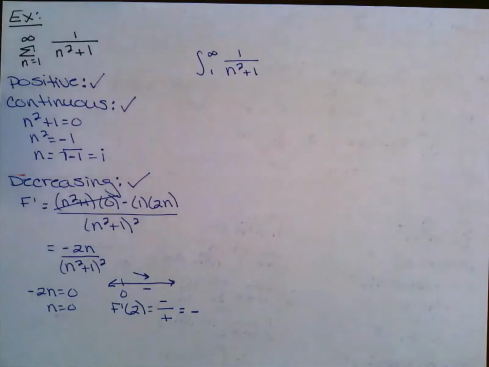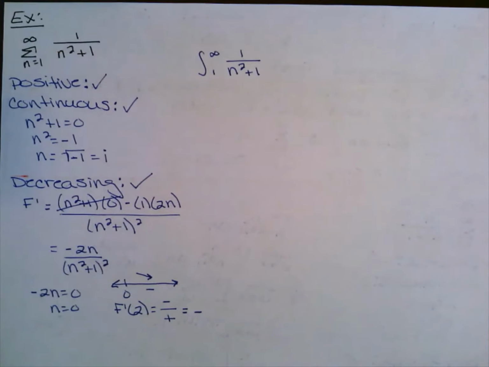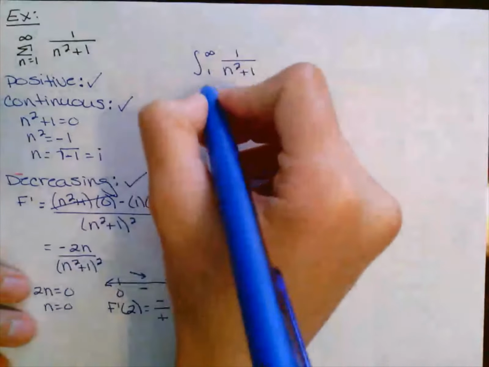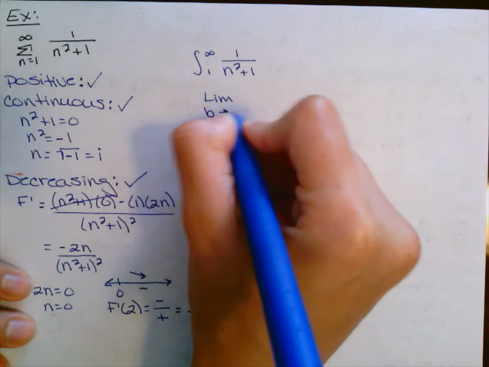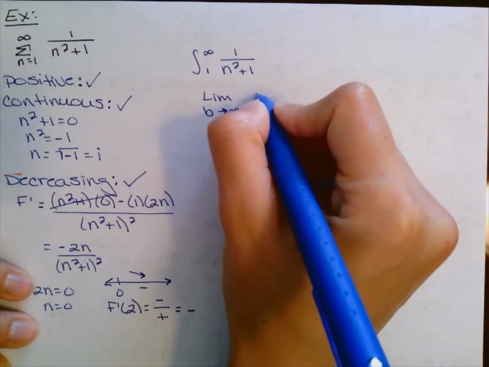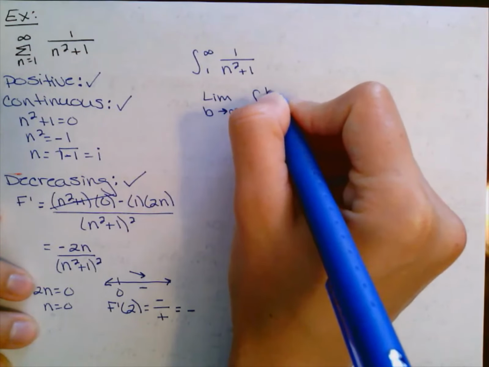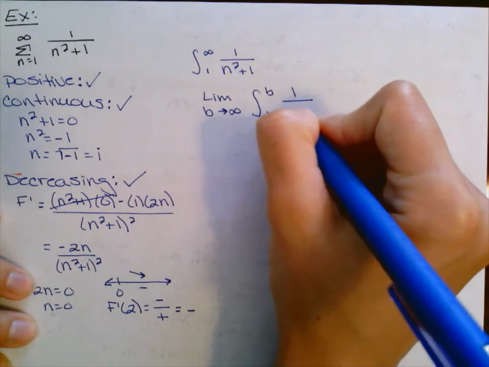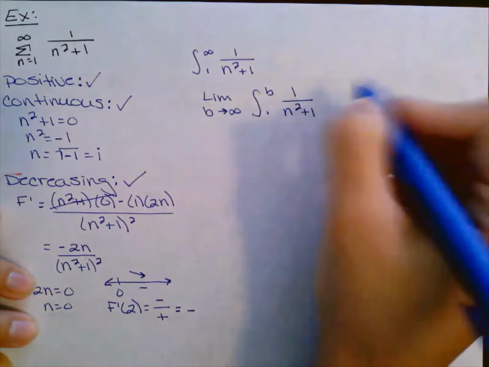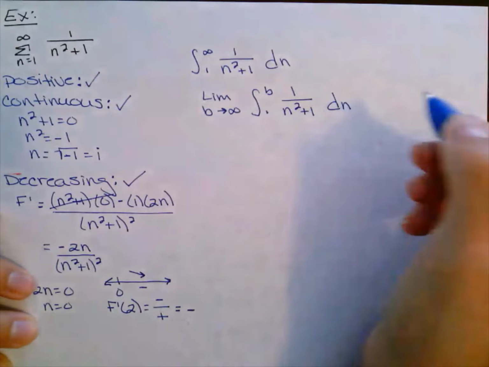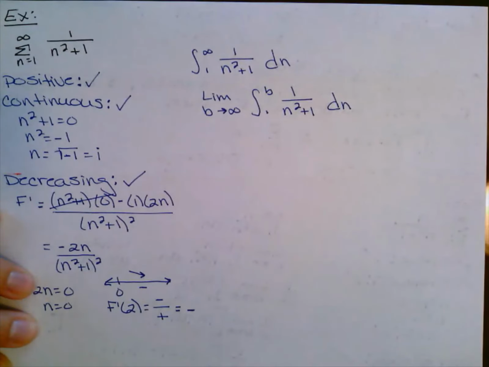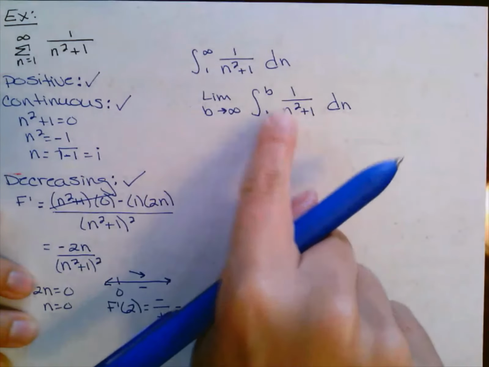Just like my previous question and my previous BC chapters, I need to set this up properly and say the limit as b approaches infinity of the integral of 1 to b of 1 over n squared plus 1. And once again, I forgot my dn. I'm sorry about that. So now, again, hopefully your eye catches that this is an arctan.